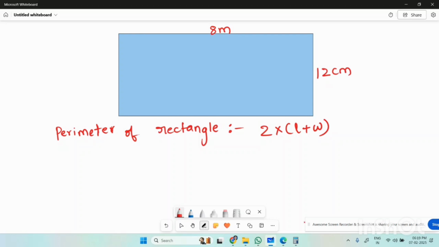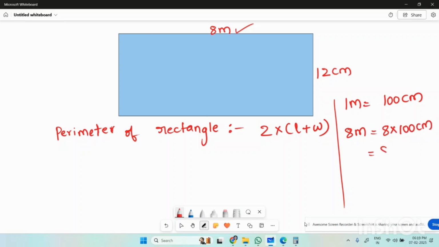First we have to convert both into the same units. We know that 1 meter equals 100 centimeters. Here we have 8 meters, and 8 meters equals 8 times 100 centimeters, which is 800 centimeters.